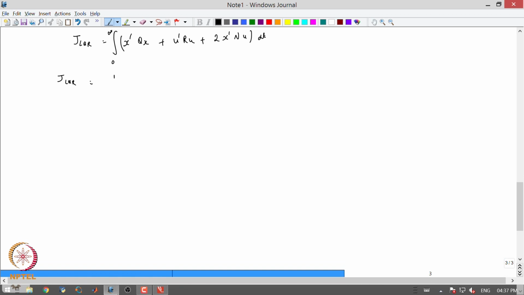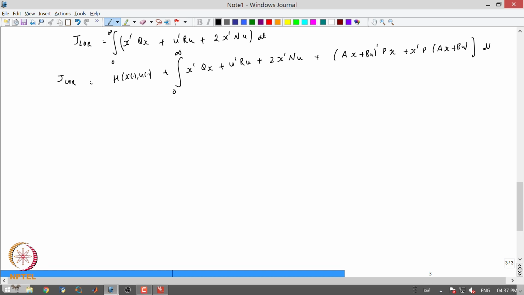So, I have H(x, u) plus integral 0 to infinity x transpose Qx plus u transpose Ru plus twice x transpose Nu plus (Ax plus Bu) transpose Px plus x transpose P again with (Ax plus Bu), all with dt.